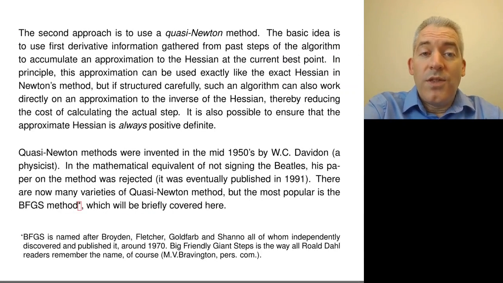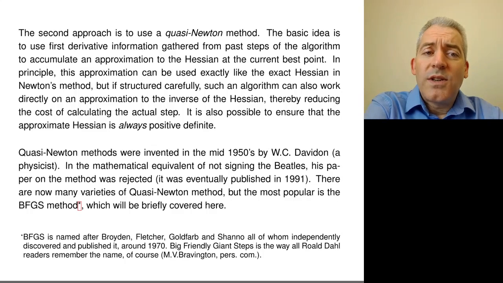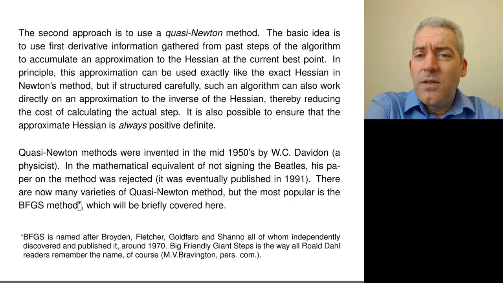So the approach we're going to concentrate on is this idea of a quasi-Newton method. Essentially what you want to do is to try and build up an idea of the Hessian using recent function and gradient evaluations. Obviously at a particular point you can evaluate the function and its gradient, but if you know the function evaluations and the gradients for a collection of points, then you can get an idea of the curvature without resorting to full-on finite differencing to work out exactly what the Hessian is.